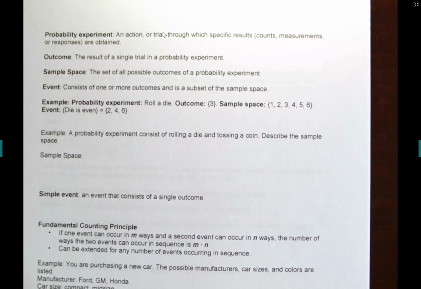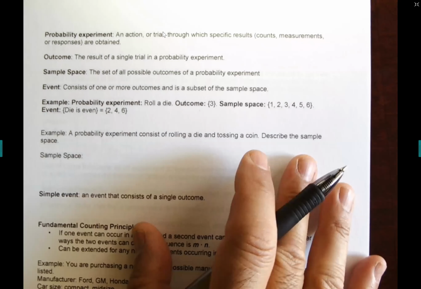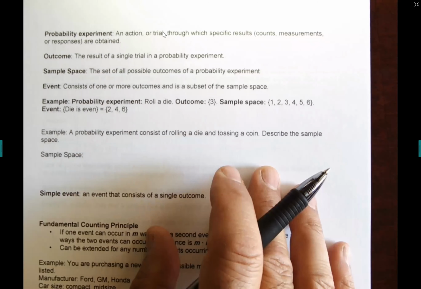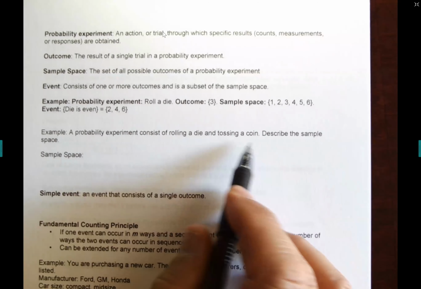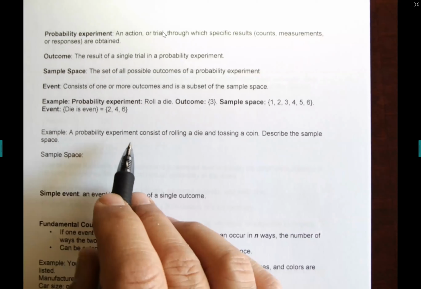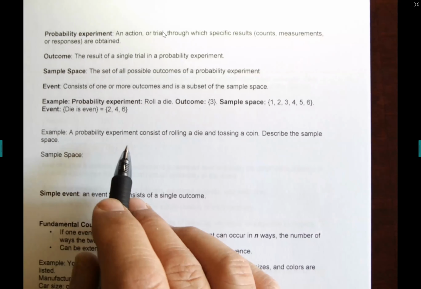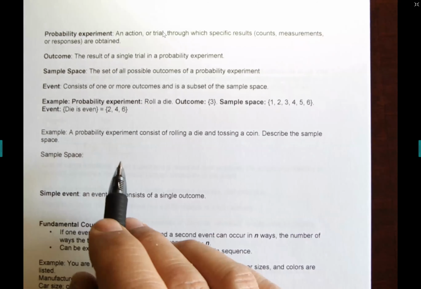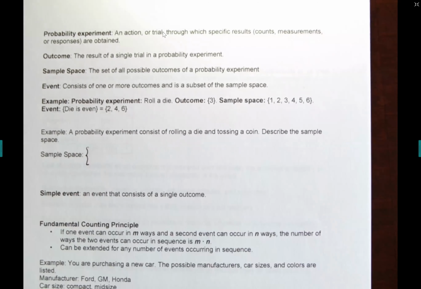All definitions, guys. A probability experiment consists of rolling a die and tossing a coin. Describe the sample space. Can you guys help me list all the outcomes when you do 2 actions at the same time? We're rolling a die and tossing a quarter. What are the possible outcomes if you do that? I'm gonna list them. Start with, can you tell me what would be the first one of the outcomes?